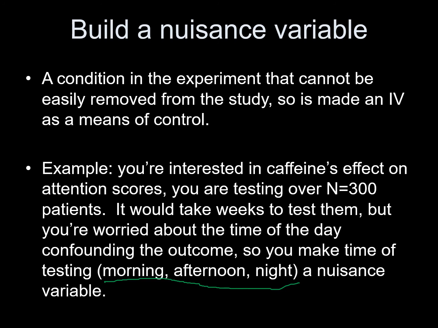That would mean there is some sort of interaction between the time of day and the effect of caffeine on attention scores. So building a nuisance variable into the study is actually not a bad idea. Sometimes it makes it clearer to see how the variables interact with each other and how they collectively may affect your dependent variable, in this case the attention scores.